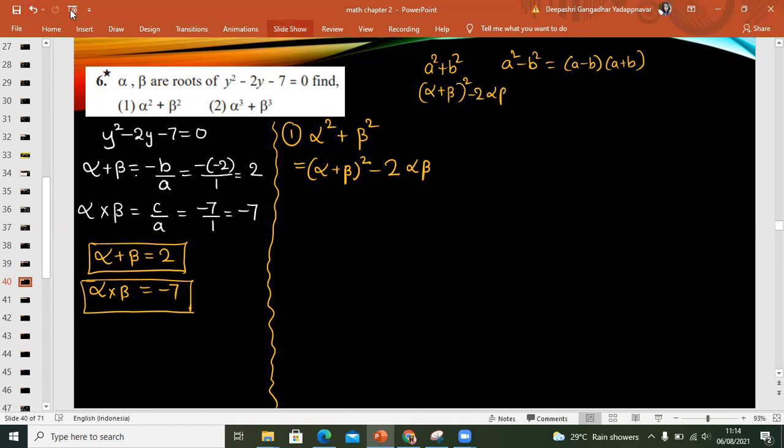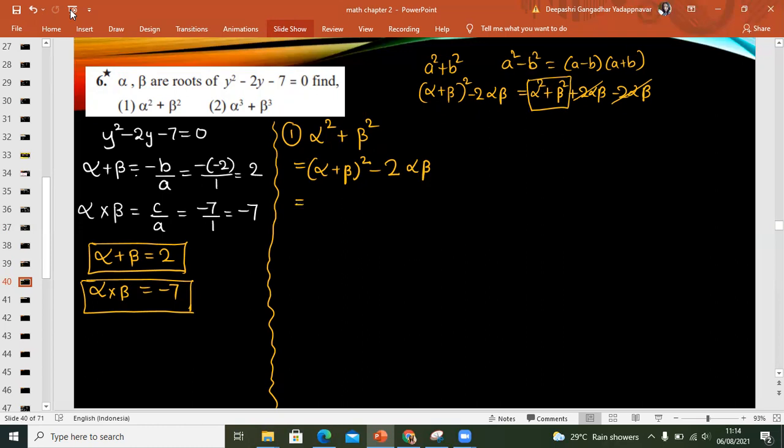Alpha plus beta whole square, I can use the formula as alpha square plus beta square plus 2 alpha into beta, and this is minus 2 alpha into beta. So this and this can be cancelled. What is left is alpha square plus beta square. That's why I can write this step.